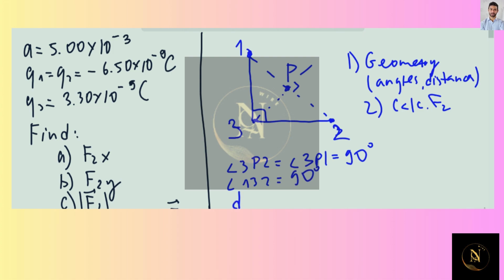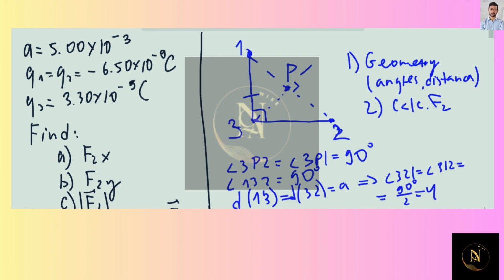Distances between charges 1 and 3 and charge 3 and 2 respectively are the same and equal to A. Therefore, the angle 3, 2, 1 equals the angle 3, 1, 2 equals 90 degrees over 2, or 45 degrees. So this angle is 45 degrees.